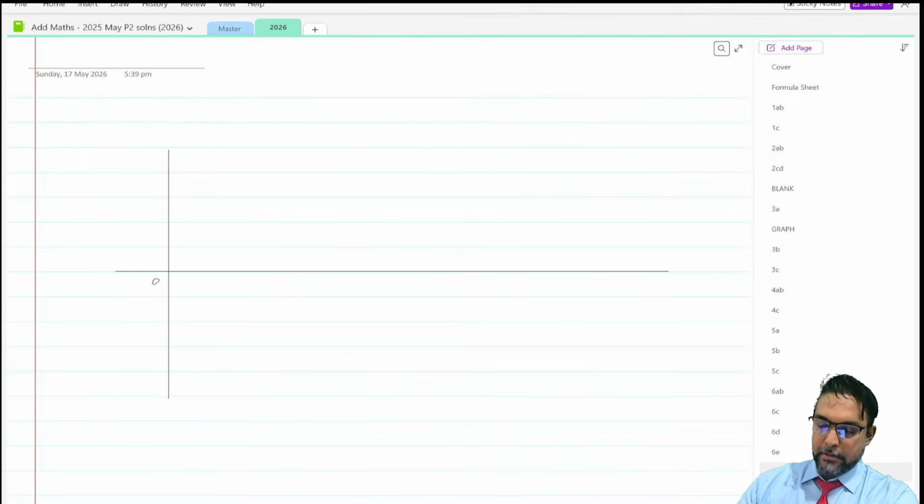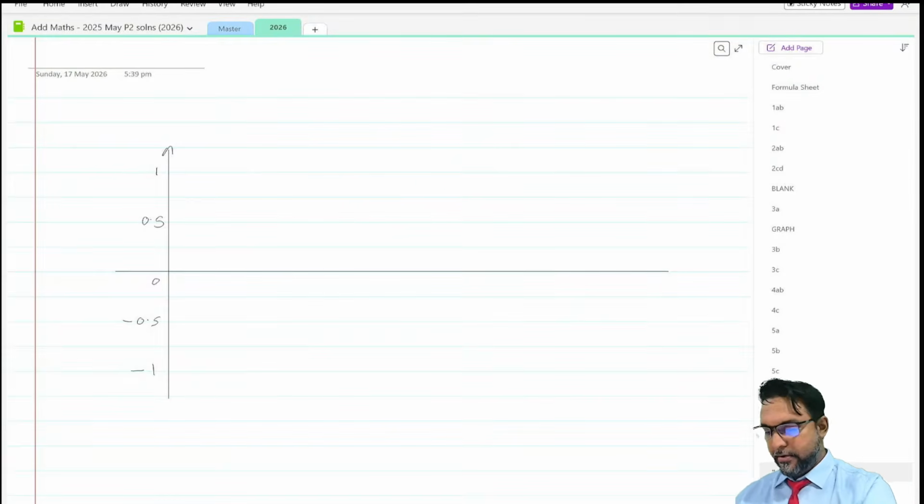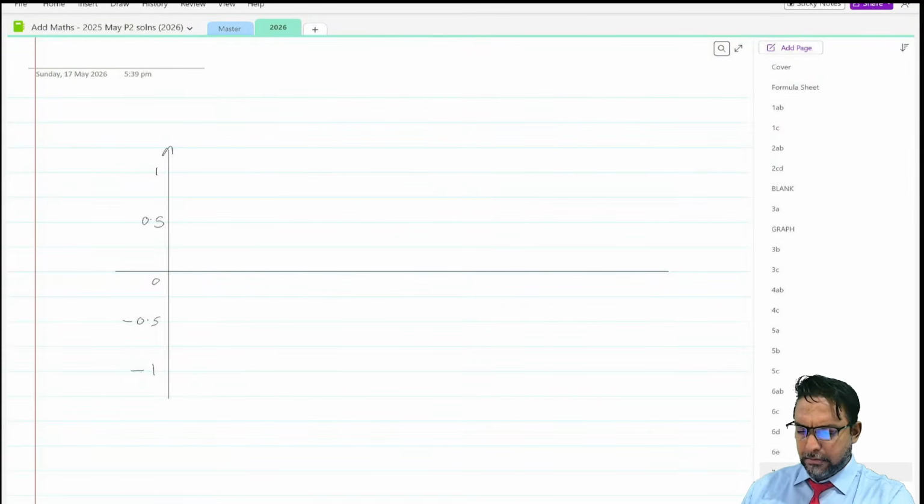All right, so a quick crash course in drawing trig graphs. This is the value there, and this is theta. Sine is the value.